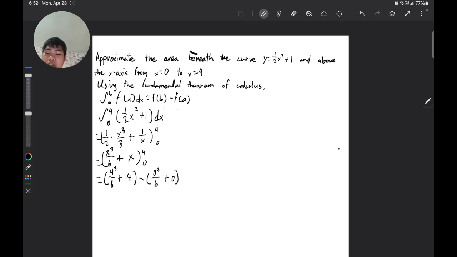After plugging in the lower and upper limit, we will now solve for the following.